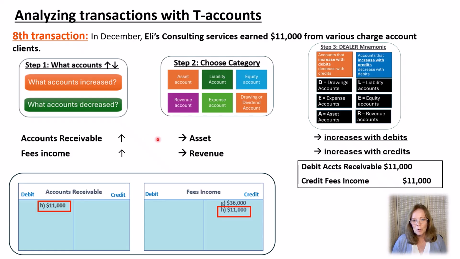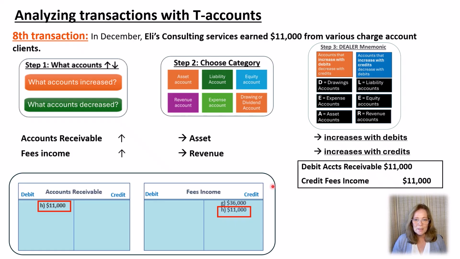Accounts receivable is an asset, and assets increase with debits. Fees income also increased. Fees income is a revenue account, and revenue accounts increase with credits. So we debit accounts receivable and we credit fees income for $11,000.